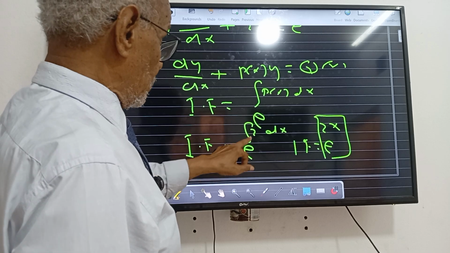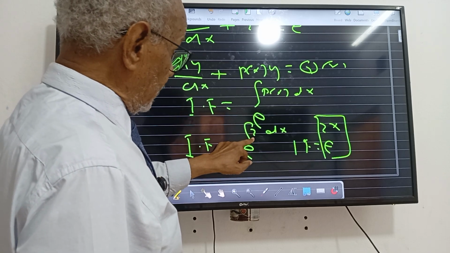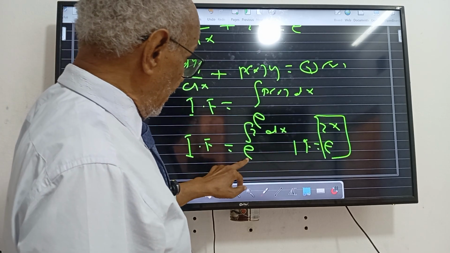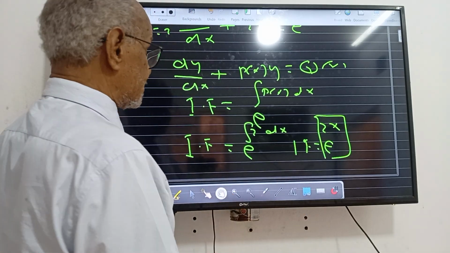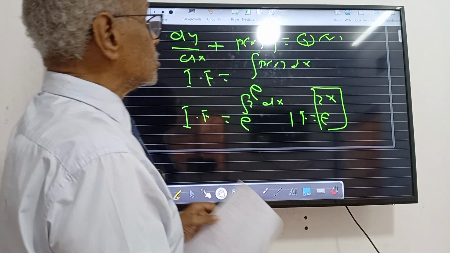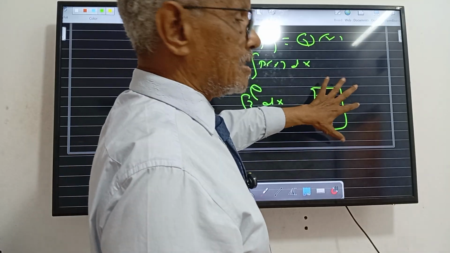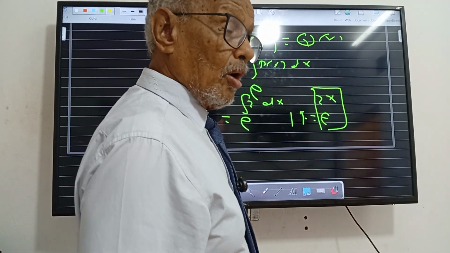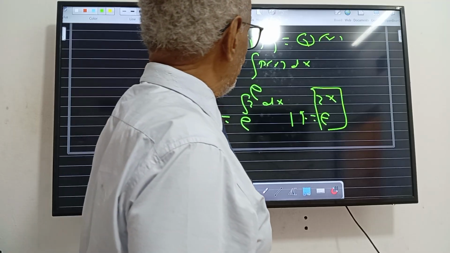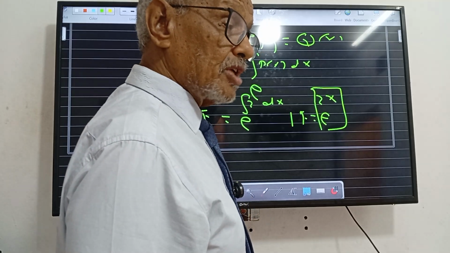Because the integration of 2 is 2x, e to the power 2x is the integrating factor. The second step is to multiply this integrating factor to all terms of the original differential equation.